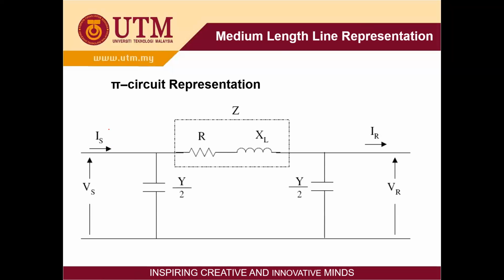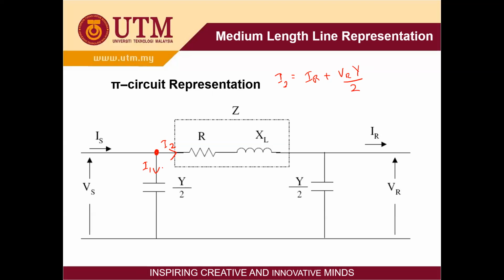Okay, so we notice that this is IS. So we need to find the current that is flowing here and also the current that is flowing here. So this is my I1 and this is I2. So I2, which we have already obtained, is actually equal to IR plus VR Y over 2.